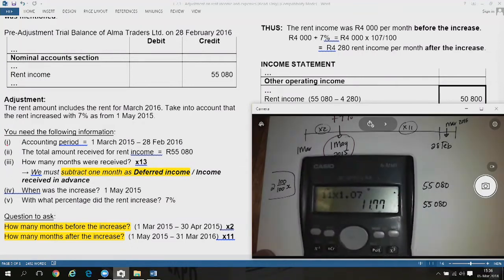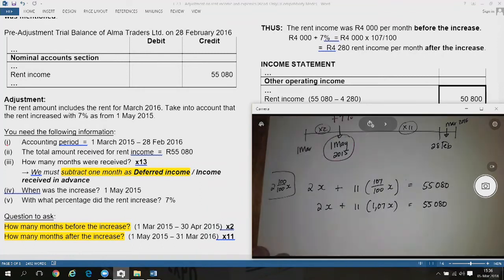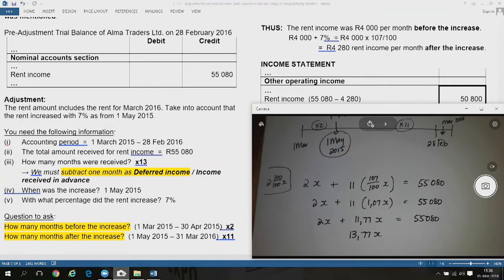That gives you 11,77. 2x plus 11,77x gives you 55080, plus the 2 gives you 13,77x. Are you with me?